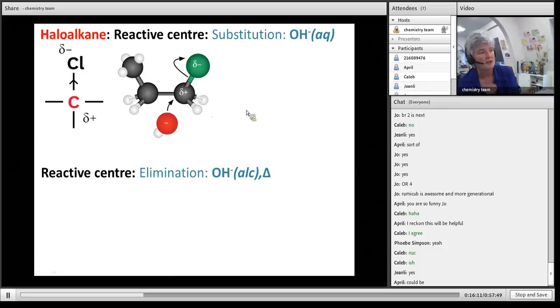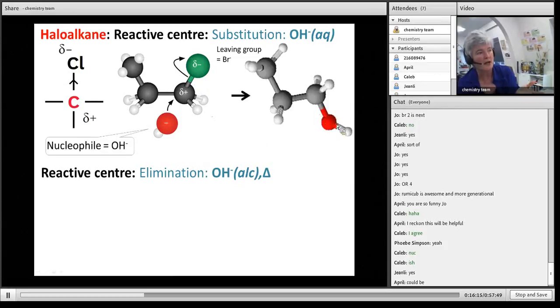So my leaving group is chloride, so there's my OH, and my chlorine is gone. There are my two hydrogens. Now notice that this is aqueous. This is happening in water. So I'm getting a lot of OH also coming from the water as well as what I've added.